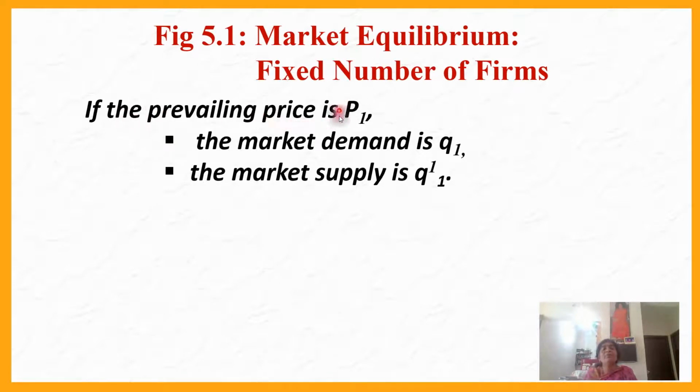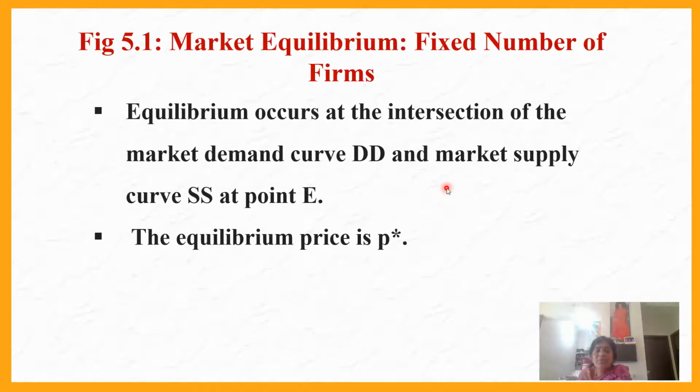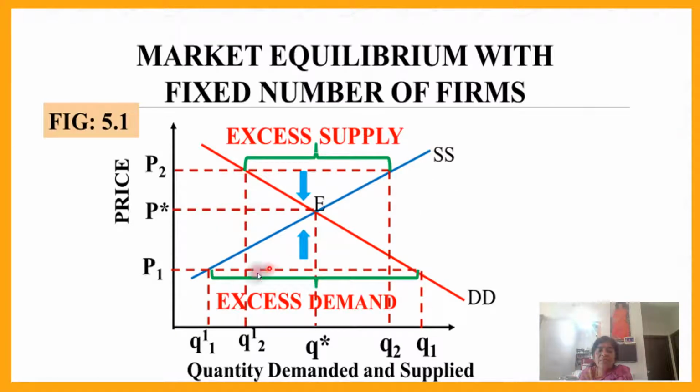If the prevailing price is P1, the market demand is Q1 and the market supply is Q1 dash, which I have already explained in this diagram. At P1 price, Q1 is the market demand and Q1 dash is the market supply. At P2 price, the demand is Q2 dash and the supply is Q2.